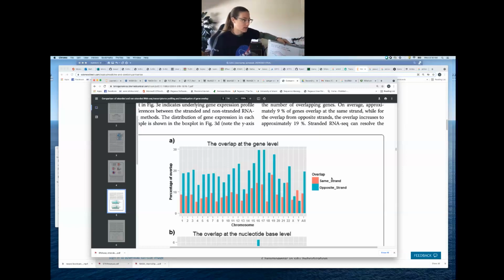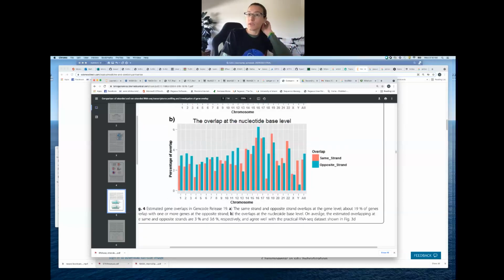That's the caveat of not having a stranded library: you can have inaccurate counts of your transcripts. As this paper went over, in the reference genome about 19% of genes overlap with one or more genes on the opposite strand.